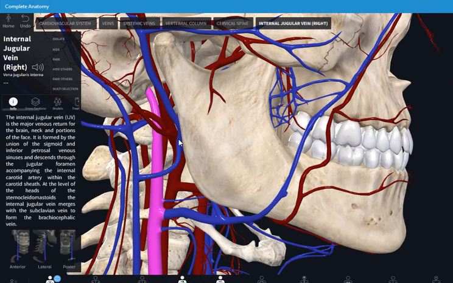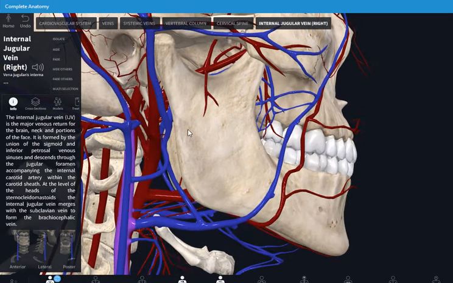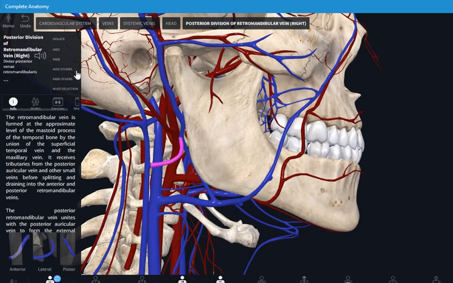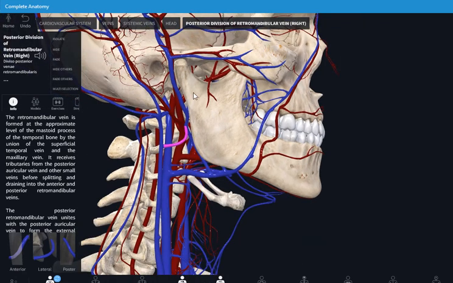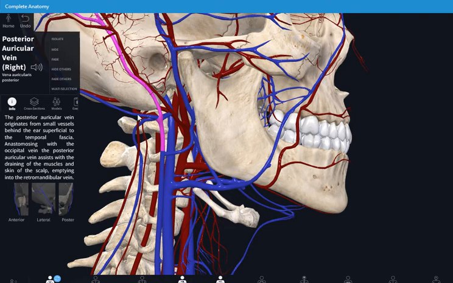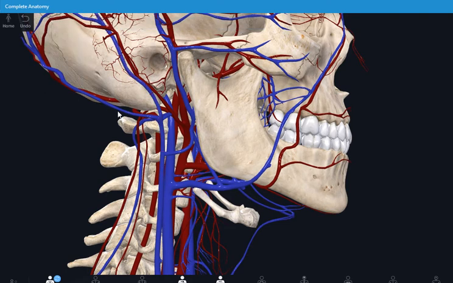Now the posterior portion of the retromandibular vein is going to bind with the external jugular vein. The external jugular vein takes its origin from this portion here. So we have this vein here, the posterior auricular, which corresponds to the posterior auricular artery, and it also takes from the occipital vein here.